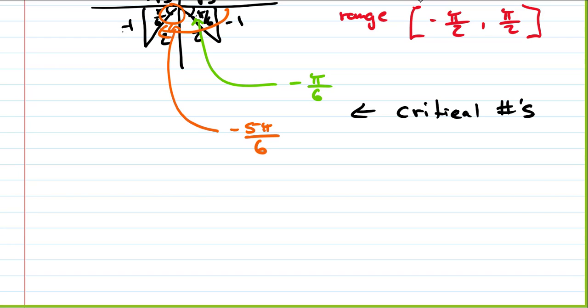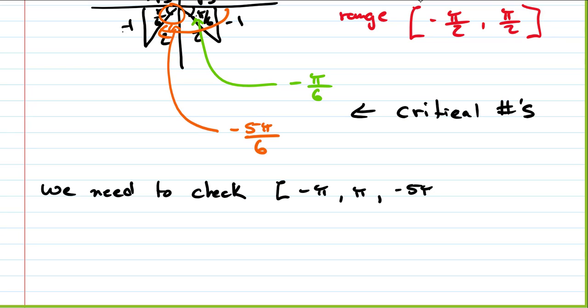And then we have our endpoints. So we need to check negative pi, positive pi, negative 5 pi over 6, and negative pi over 6.